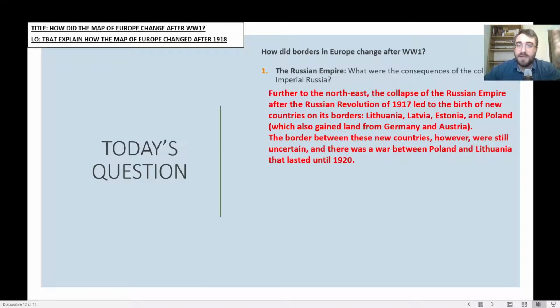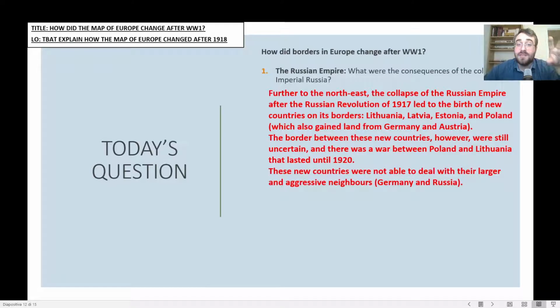The borders between these new countries, however, were still uncertain, and there was a war between Poland and Lithuania that lasted until 1920. These new countries were not able to deal with the larger and aggressive neighbors, such as Germany and Russia.